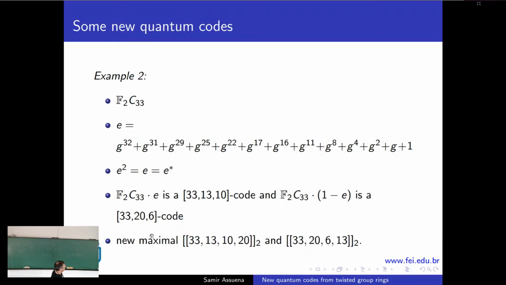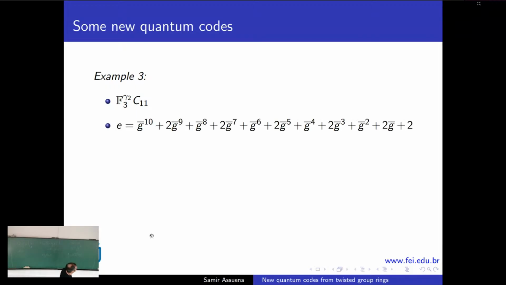Again, according to Grassl's table, we obtain two new maximal entanglement-assisted quantum codes. Of course, since the element is fixed by the classical involution, we have codes that are LCD codes.